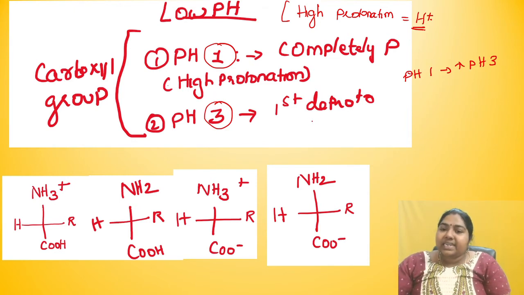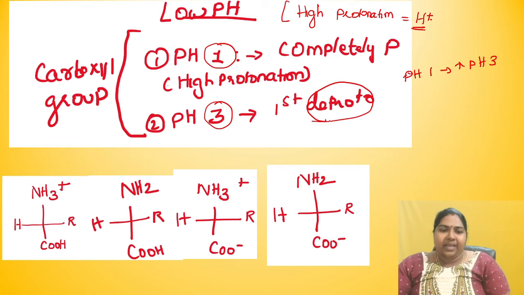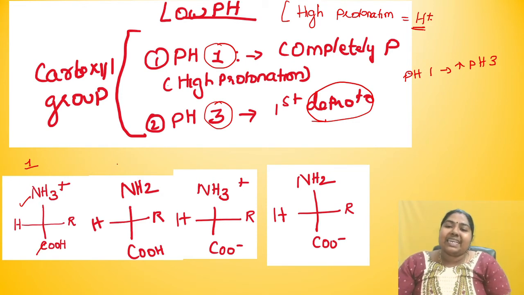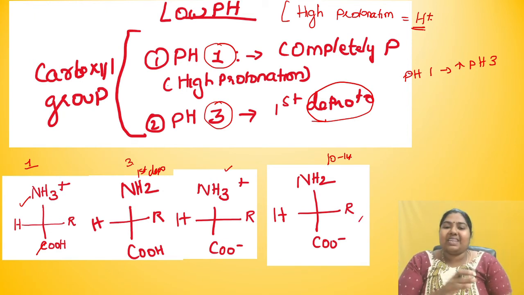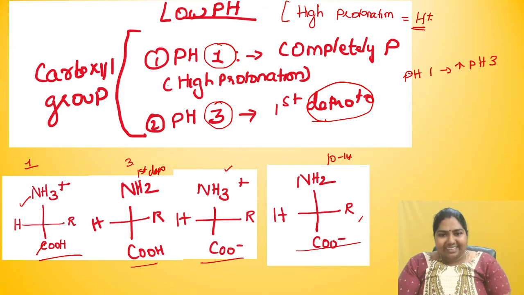So it becomes deprotonated. Okay. So initially at pH 1, it is highly protonated. But if you keep on increasing the pH, maybe you come to 3. So this reaches the first deprotonation state. Maybe if you still increase the pH, it will go to the next stage. And at very high pH, yes, it is going to come to this deprotonated form. So this is how the carboxylic acid group behaves. Got the point? So this is how the carboxylic acid group behaves in case of low pH.